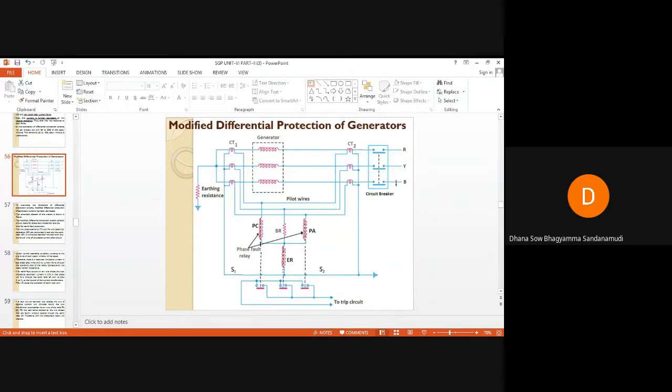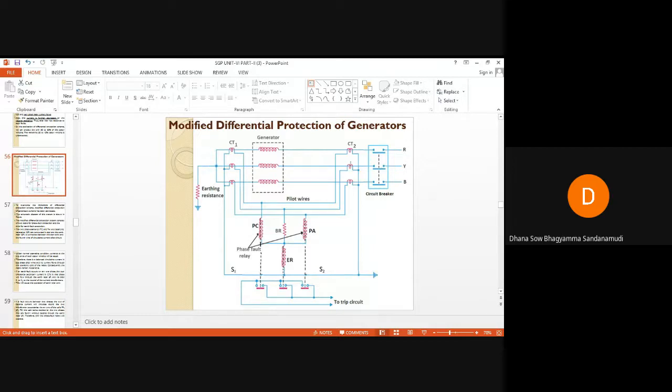Now let us assume an earth fault has occurred on any one of the phases R, Y or B. Then the current will no longer remain the same in the primaries of these CTs.